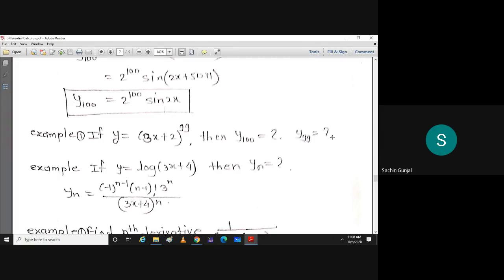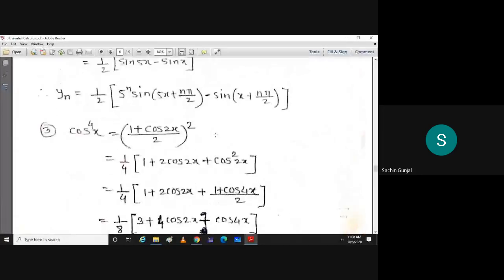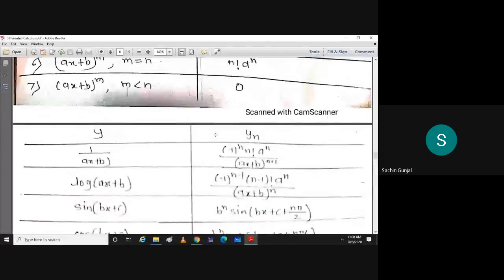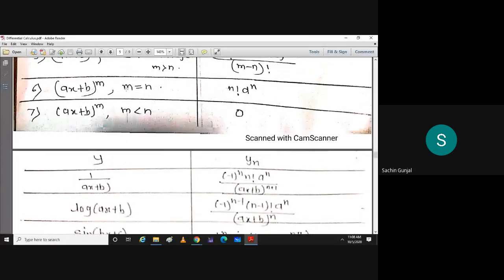Do you want me to show that formula again, or is it fine? Sir, show once more. Fine. Let me show that formula once again. See, (ax plus b) raised to m, and the degree of this polynomial is equal to the order of derivative n. Then it is n factorial into a raised to n, where a is the coefficient of x.